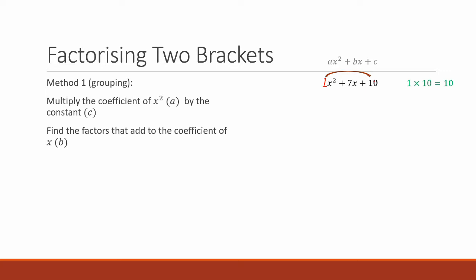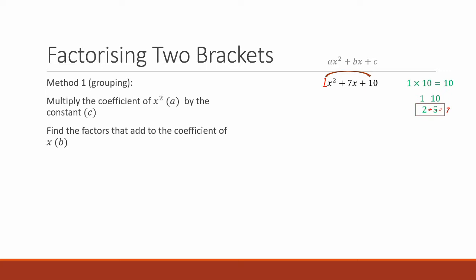Okay, the next thing we need to do is we need to find the factors of this positive 10 that add to positive 7. So we just go through listing them. We have 1 times 10, 2 times 5, and actually I can stop there because I know a 2 plus a 5 when I add them together equals 7. So those are going to be my two factors.